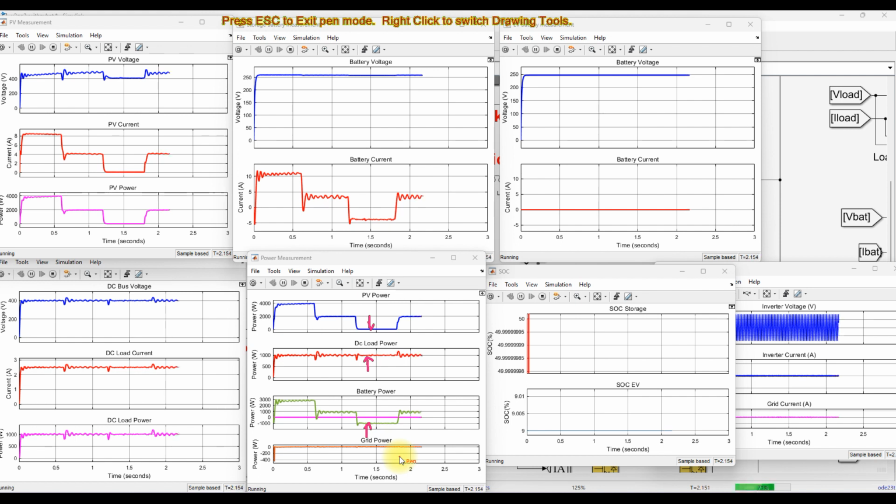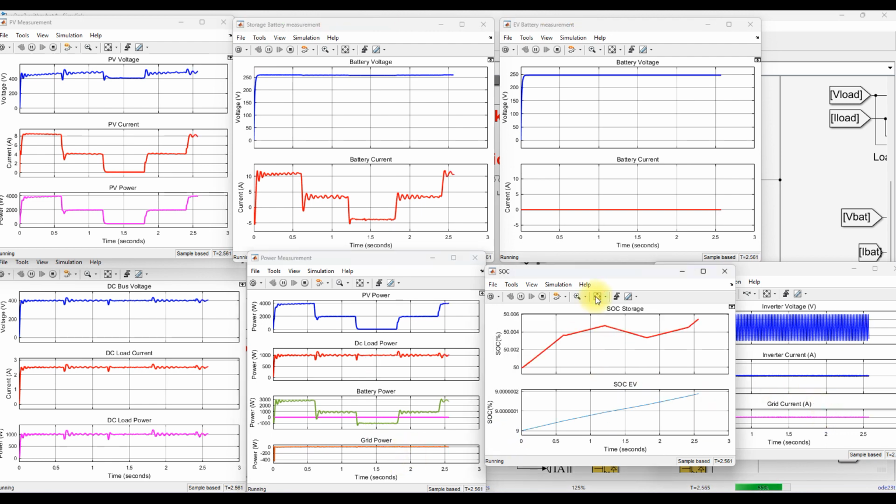When the EV is connected to the system, based upon PV power, the grid will be connected to supply the EV battery as well as the local load. So this is the concept of this model. Here the SOC of the battery remains at 9%.